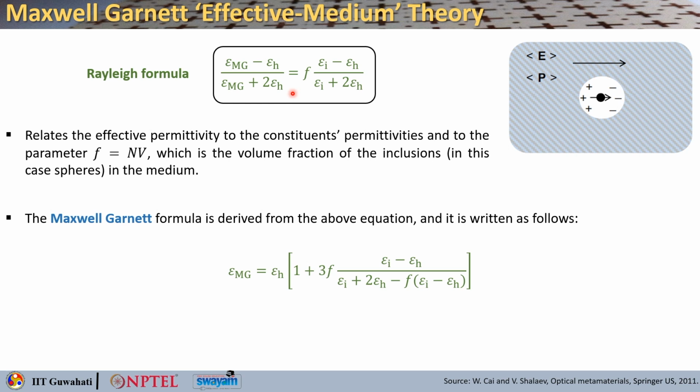So, if you try to solve this and find the absolute value of epsilon_mg, you can obtain it from this equation, and you can write it as epsilon_mg equals epsilon_h [1 + 3f (epsilon_i - epsilon_h) divided by this fraction], okay.